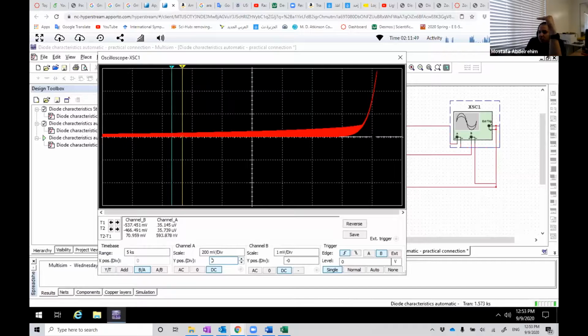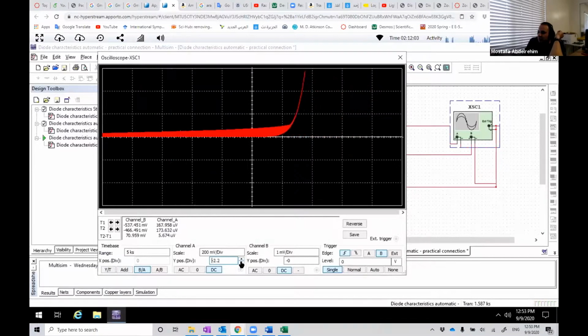Left or right means horizontal, up and down means vertical. What is the signal that is in horizontal? It's A. So I should play with this, position markers. Good. So that's exactly its original position that was here.